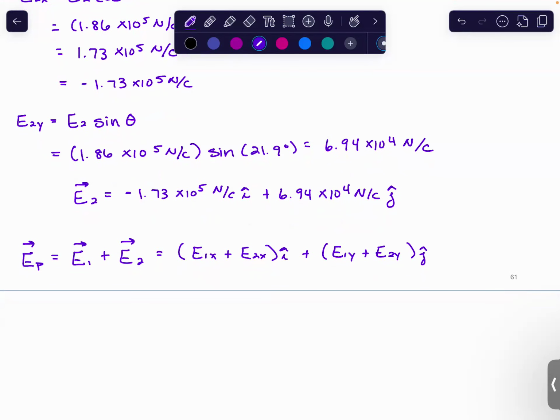E1 has no X component, so that's 0. And then minus 1.73 times 10 to the 5th newtons per coulomb, that's your I hat.